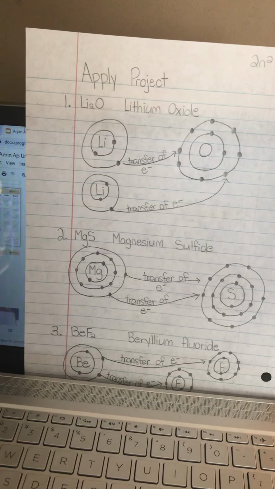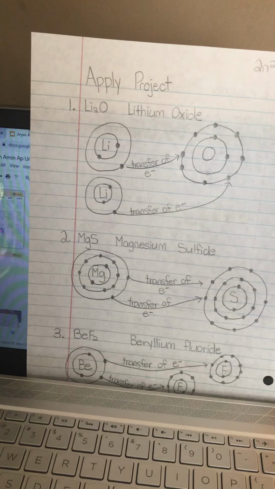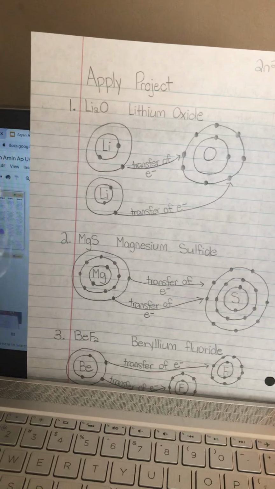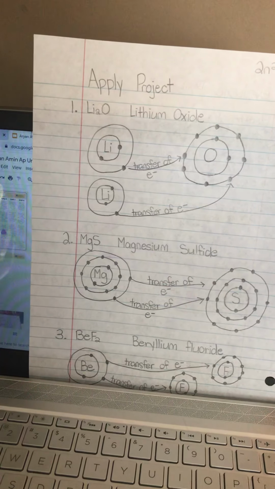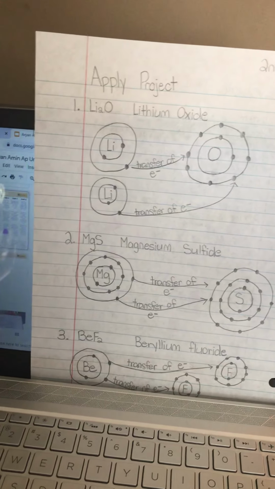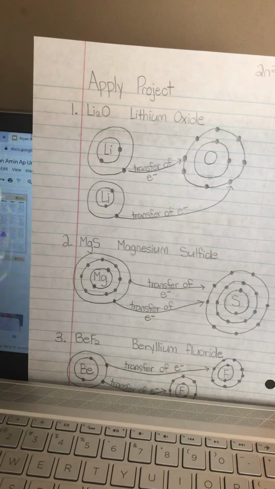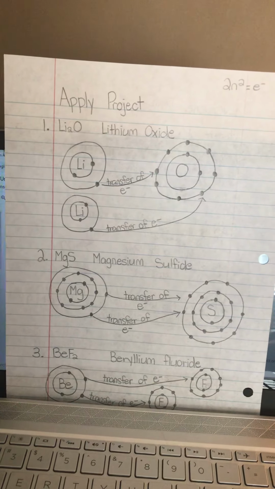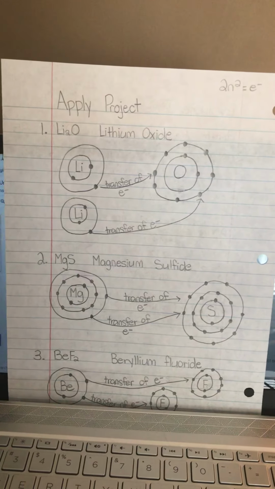Beryllium will then have the same electron configuration as helium, and fluorine will have the same electron configuration as neon. Neon and helium are both in the noble gas configuration because they're both noble gases.